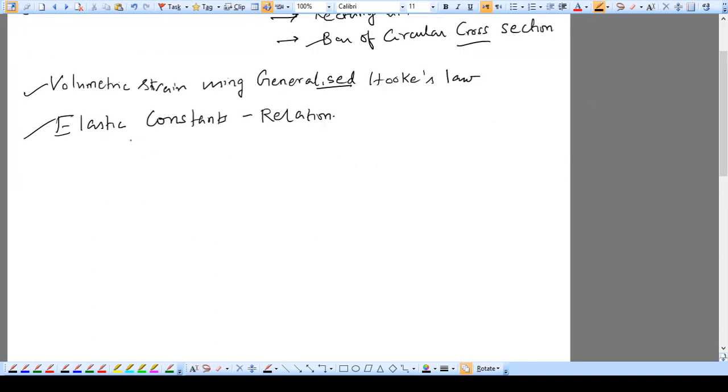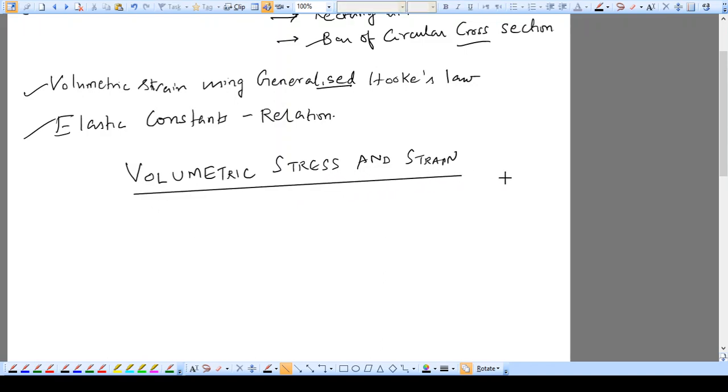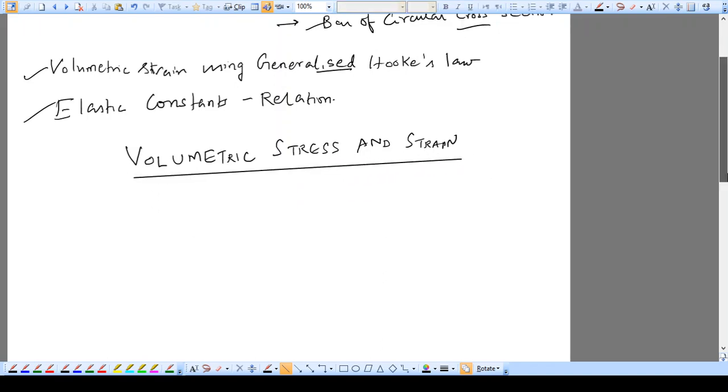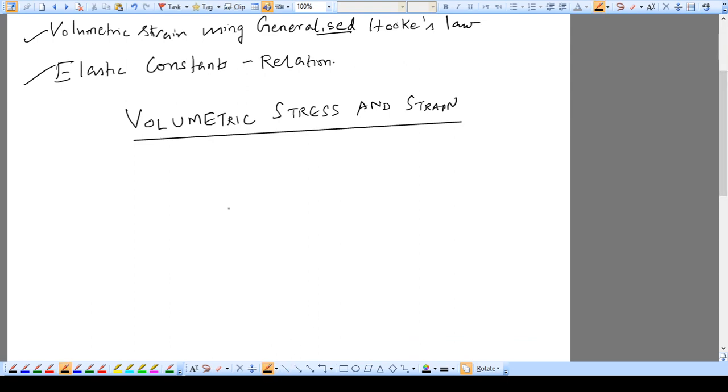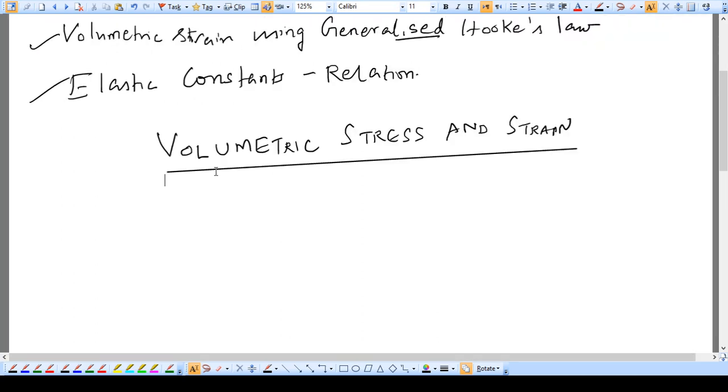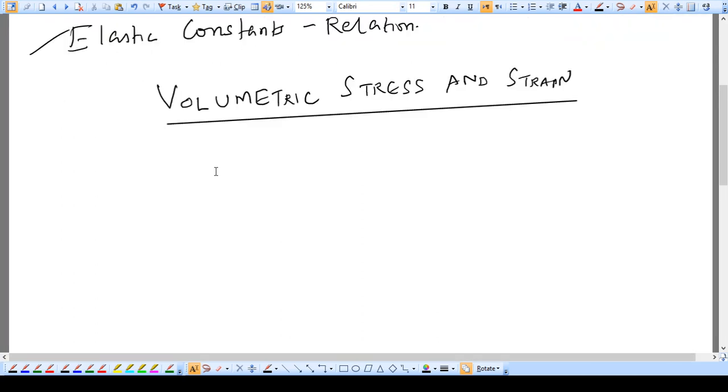First, volumetric stress and strain. Consider an element or cube like this.